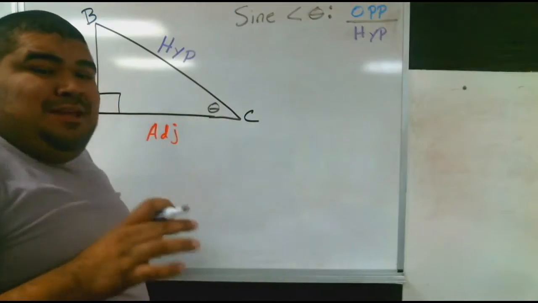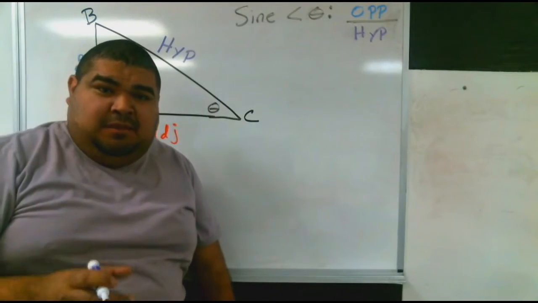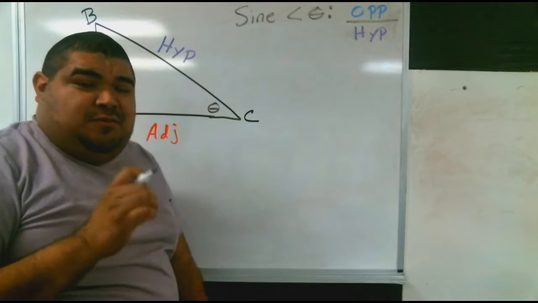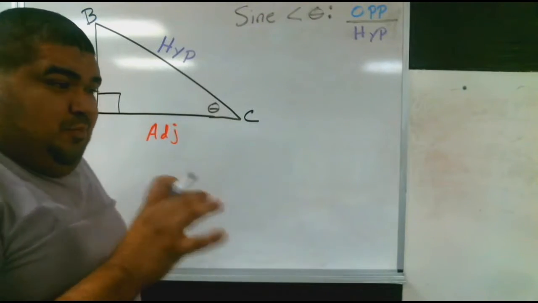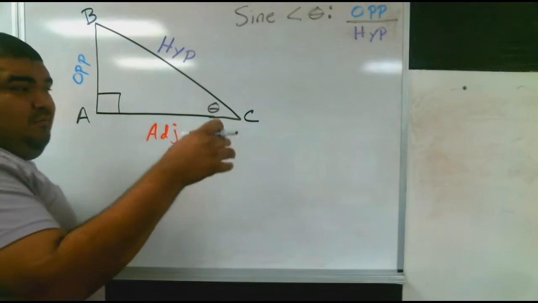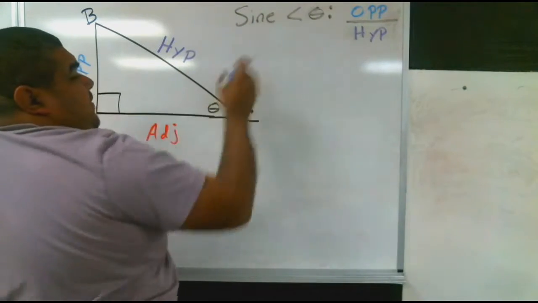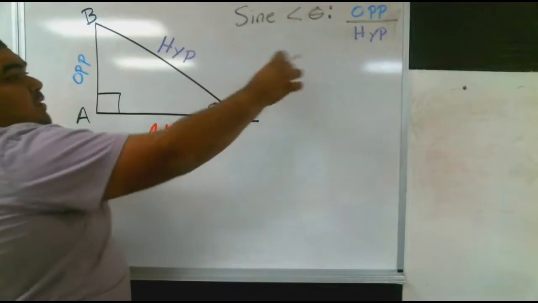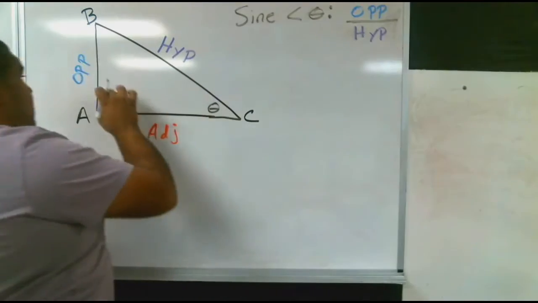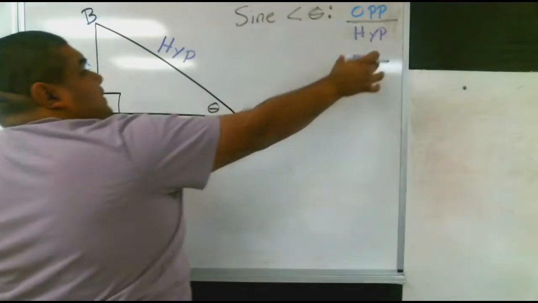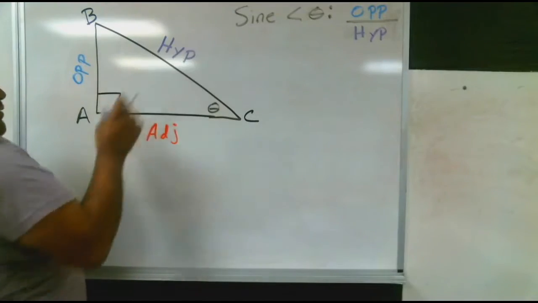It might not make sense right now, but as long as you follow these rules, they help you solve for angles. So in order to solve for sine of theta, we divide opposite, whatever the value is, by our hypotenuse.